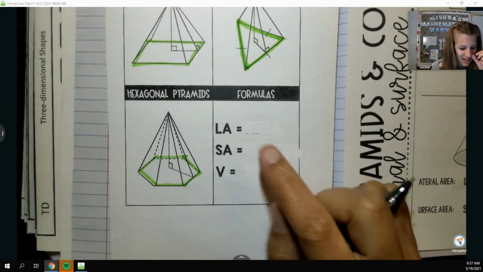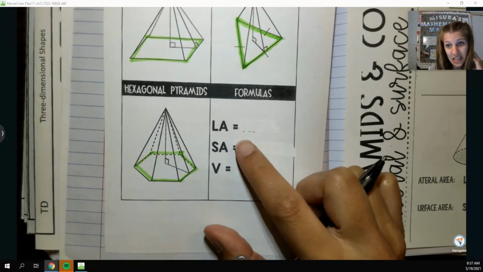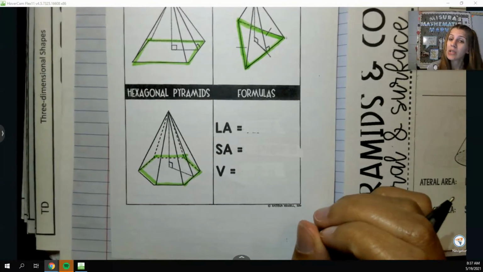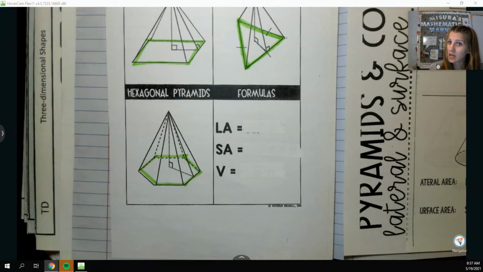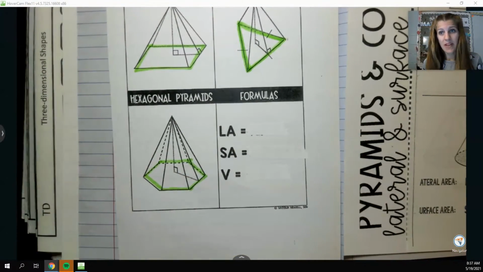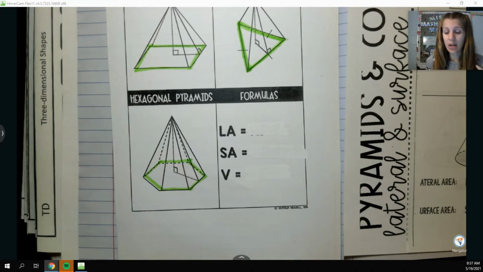And so when we're talking about surface area and lateral area, just like we did before, it's a little different. Lateral area is if I just want to know the stuff around, and the stuff around here is a triangle. So when I'm finding the area of all those triangles, and there's maybe 4 of them if it's a square, or 6 of them if it's a hexagon, each one is a triangle.